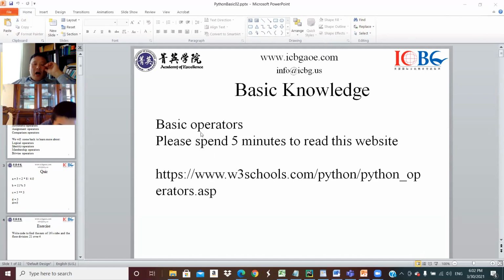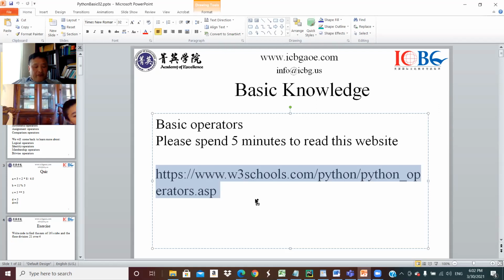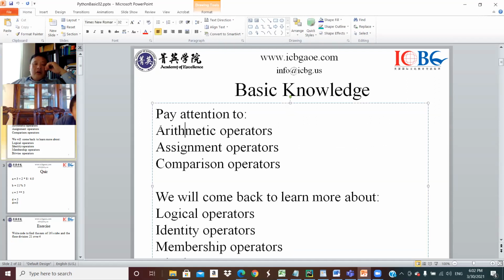So what are the basic operators? Let me give you this URL, and I want you to read this website for 5 minutes. Pay attention to arithmetic operators, assignment operators, and the comparison operators. Okay.